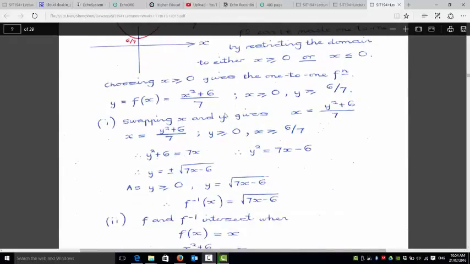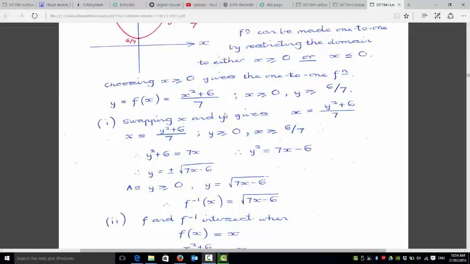So in order to get the inverse function, we swap x and y of the function with restricted domain.